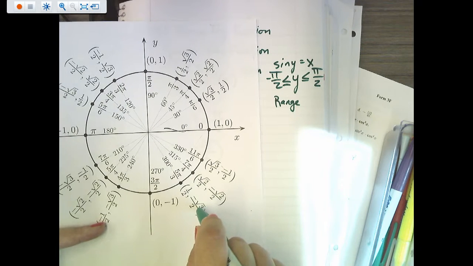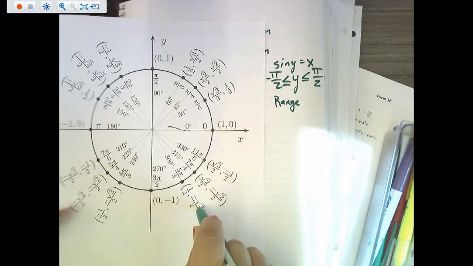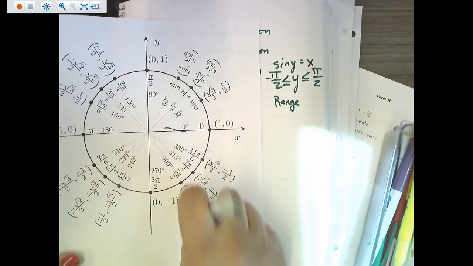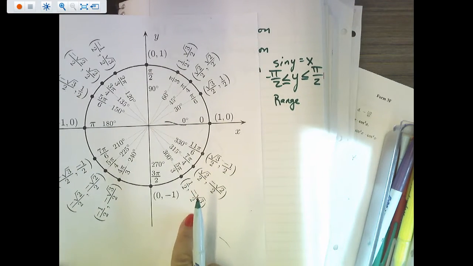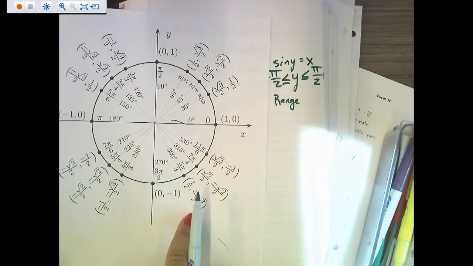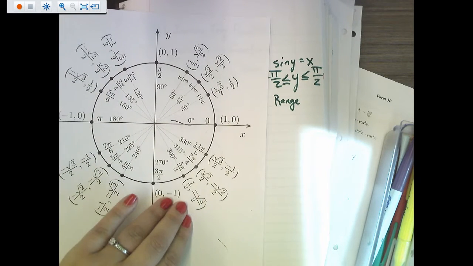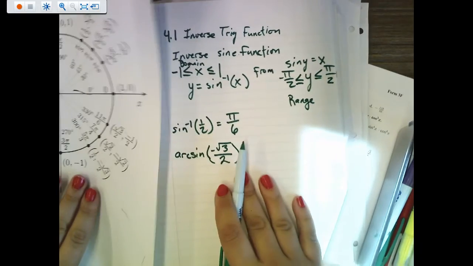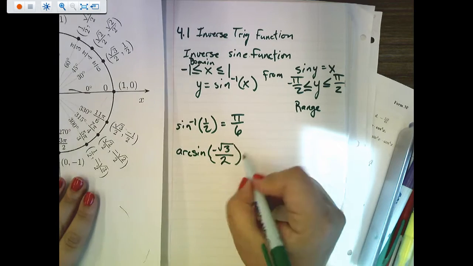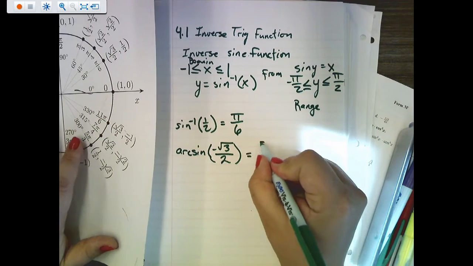I'm usually just trying to find the closest one. It doesn't look like they really ever go around twice. So just find the smallest value that's true. So for the arc sine of -√3/2, it would be 5 pi/3.